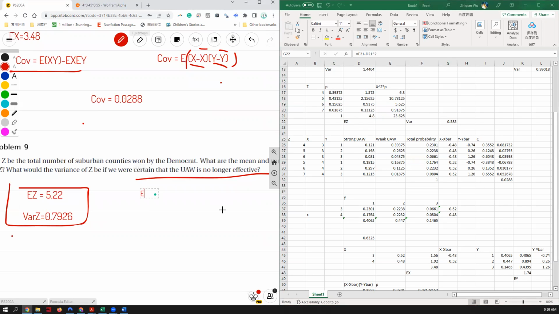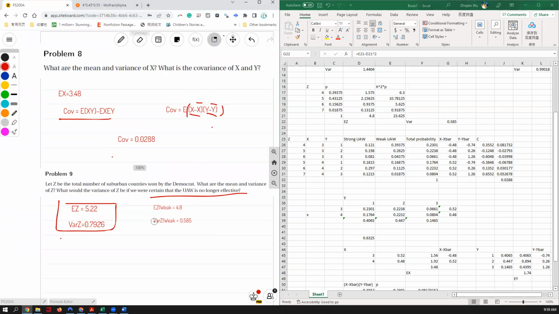So E[Z given weak UAW], let's just call it weak, is going to be 4.8, while the variance of Z given weak is going to be 0.585. Okay, all right, so that's that.